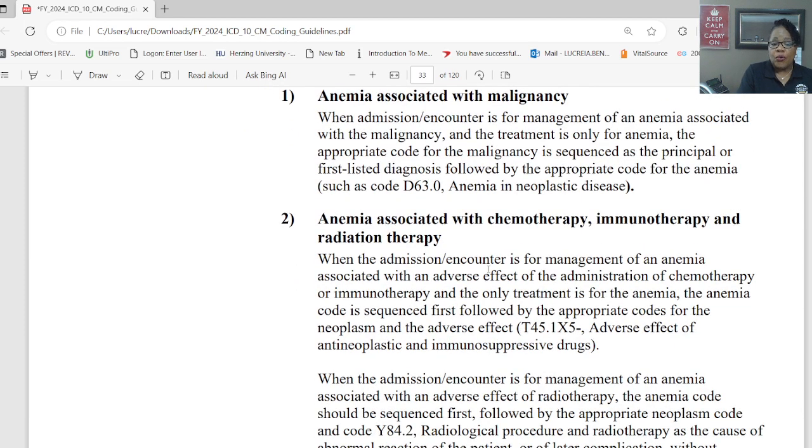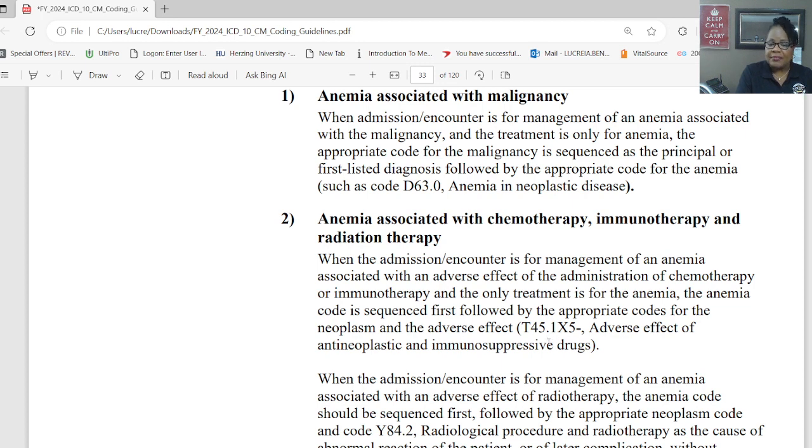When the admission or encounter is for management of an anemia associated with an adverse effect of the administration of chemotherapy or immunotherapy, and the only treatment is for the anemia, then the anemia is sequenced first, followed by the appropriate code or codes for the neoplasm and the adverse effect. It's going to be a T45.1X5, adverse effect of anti-neoplastic and immunosuppressive drugs.